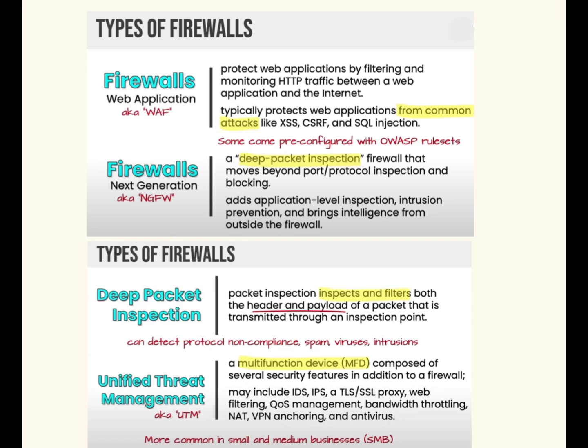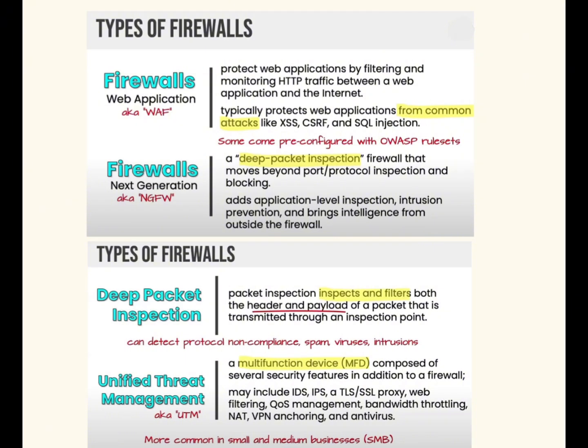A simple example: imagine opening both the envelope and the letter inside to see if it contains bad content, not just looking at who sent it, right? So you do not only check who sent it, rather you open it and also check the content itself. So that is deep packet inspection.